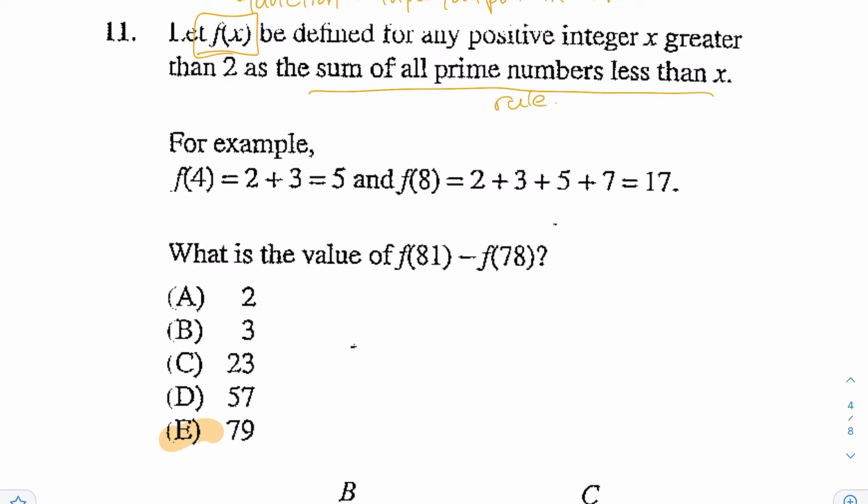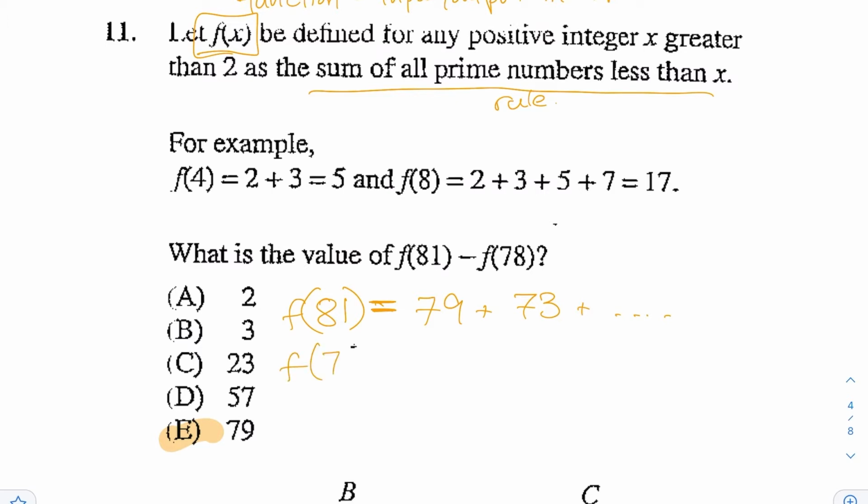So for 81, if you substitute 81 into the function f, you're going to have to start adding. 81 is not prime, 80 is not prime, but 79 is prime. Then 78 isn't prime, 77 isn't prime. You just keep going down. 76, 75 is not prime either. 74, and then you have 73. Then et cetera, et cetera.